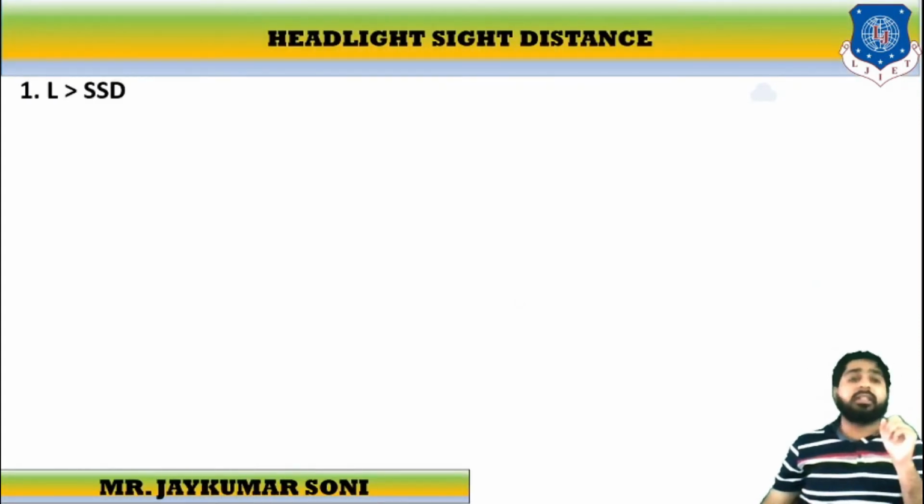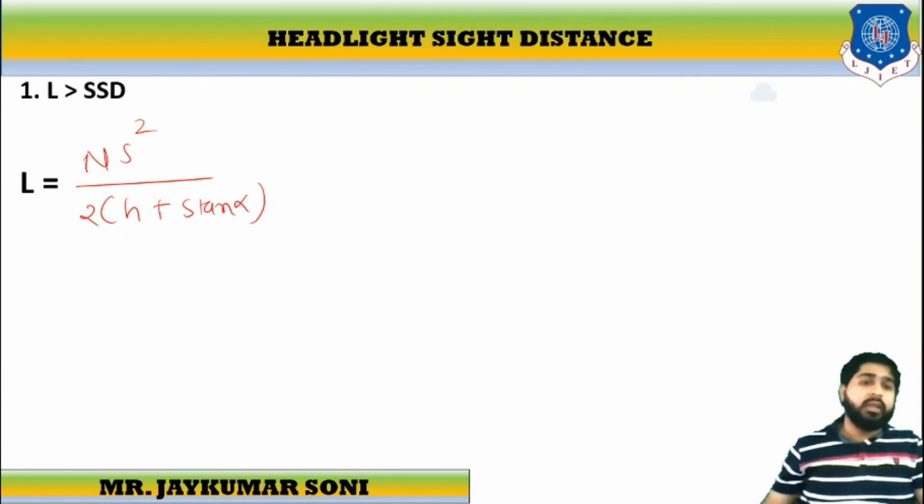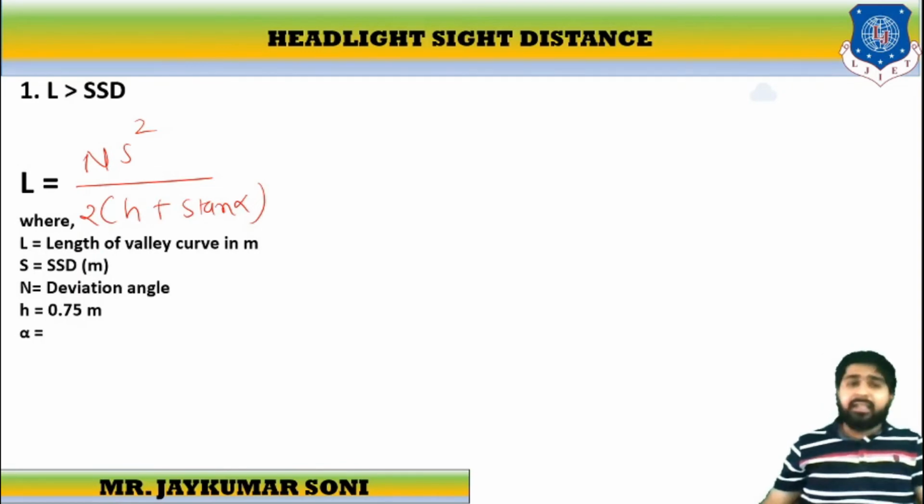So another criteria is headlight sight distance, and the headlight sight distance is also divided in two categories. First is where the L is more than SSD, and second is where the L is less than SSD. If we are talking about L more than SSD, then the equation for that is NS square by 2 (h plus S tan alpha). Now the L stands for length of valley curve in meter, the S stands for SSD, N stands for deviation angle, and small h stands for 0.75 meters.